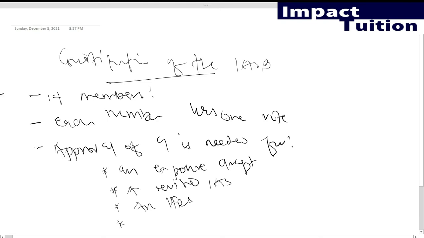So, constitution of the IASB: the IASB has 14 members. Each member has one vote, and approval of 9 is needed for an exposure draft, a revised IAS, a publication of an IFRS, and a final interpretation of IFRIC.